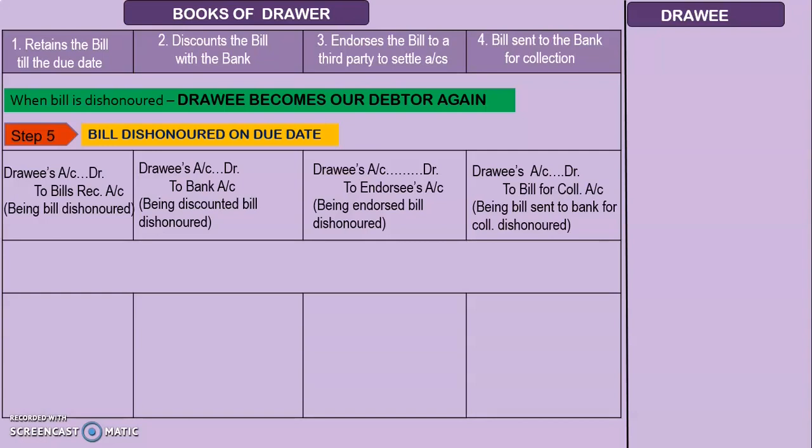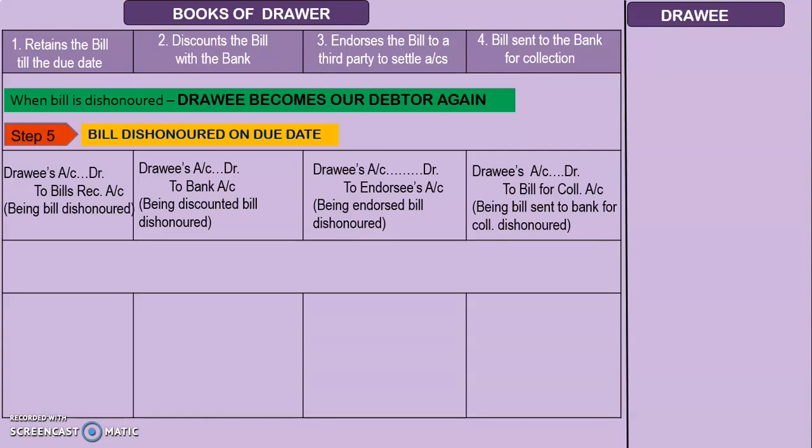In case of bill discounted, the drawer has to pay the amount of the bill to the bank. Here, the drawee has failed to pay the amount, and so the bank will recover the amount from the drawer. So when the drawer is making the payment, bank account is credited. In case of bill endorsed, the drawer had transferred the bill to his creditor so that on the due date, the creditor will go to the drawee and collect the amount of the bill.